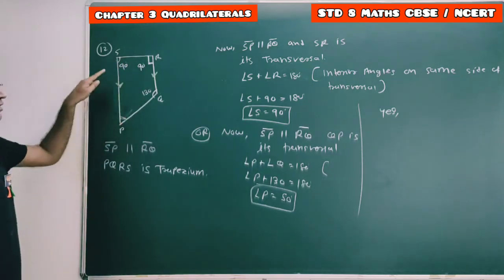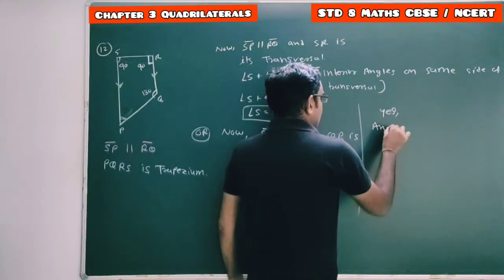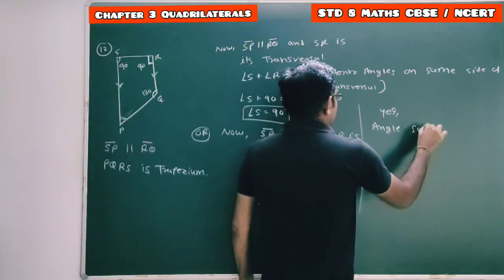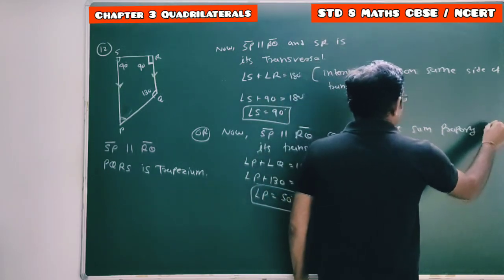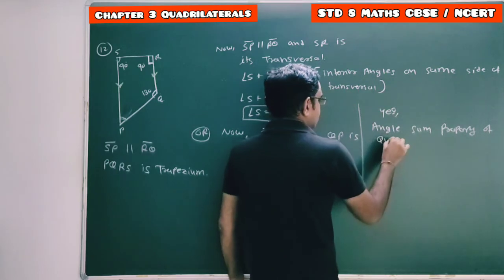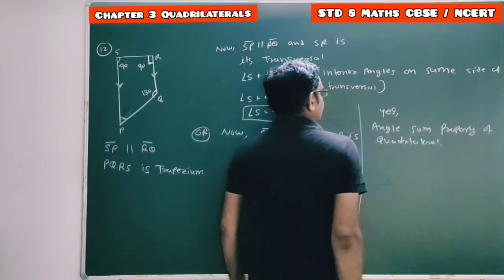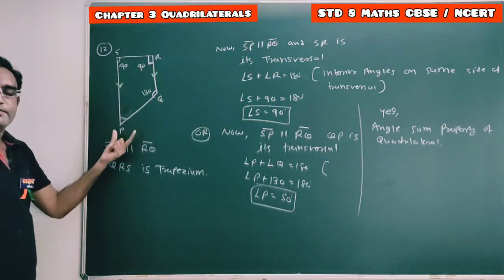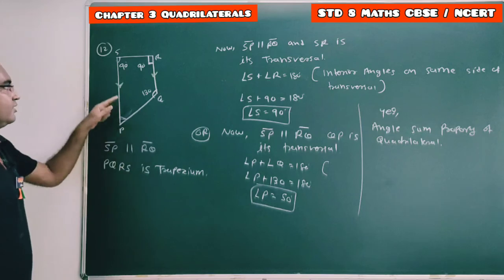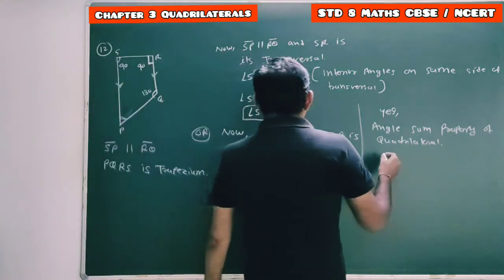This is one quadrilateral. So what is the angle sum property of a quadrilateral? According to the angle sum property of a quadrilateral, the sum of the measures of all the angles of this quadrilateral, this trapezium, is 360 degrees. A trapezium is nothing but a quadrilateral.